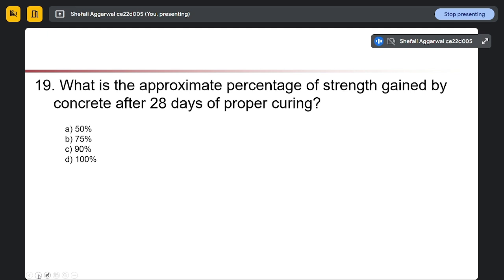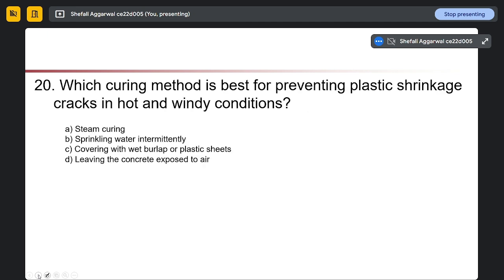So what can be the disadvantage of using flaky and elongated aggregate? It is reducing the interlocking of our aggregates, and in the long term it is reducing the durability of our concrete.